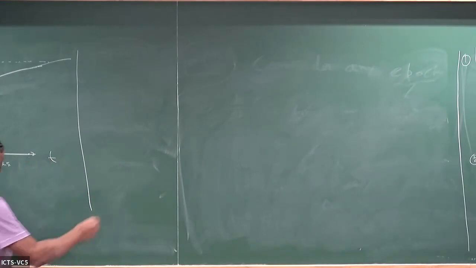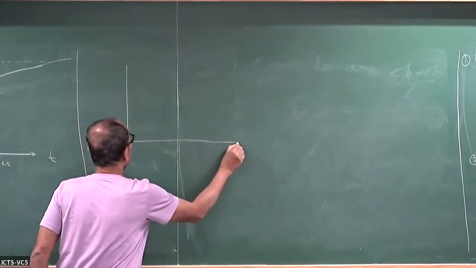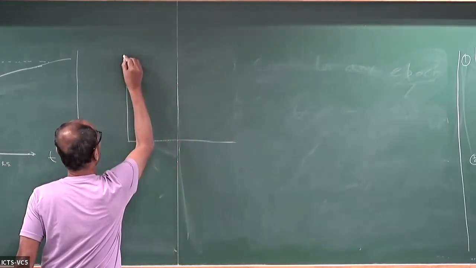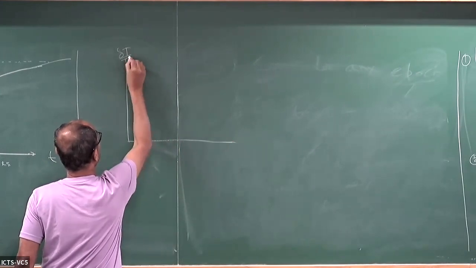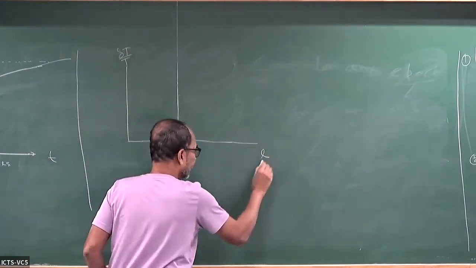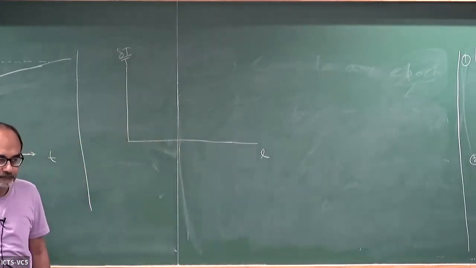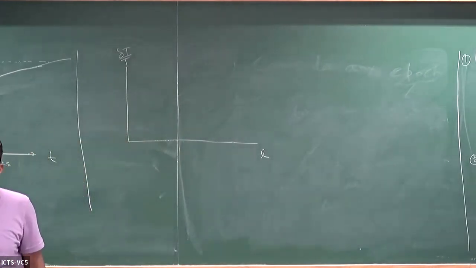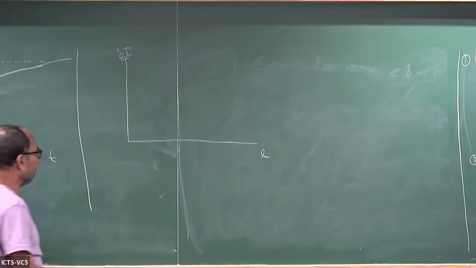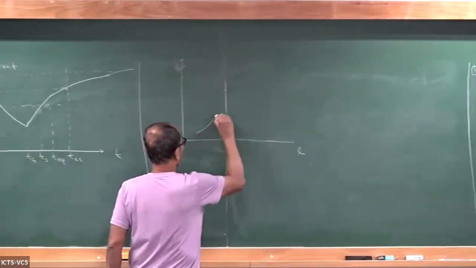So if you plot the CMB fluctuation, this is delta T over T, and this is L, the angular momentum, which is conjugate to the angle. So large L corresponds to small angle, and small L corresponds to large theta. What one finds is that the spectrum looks like this.